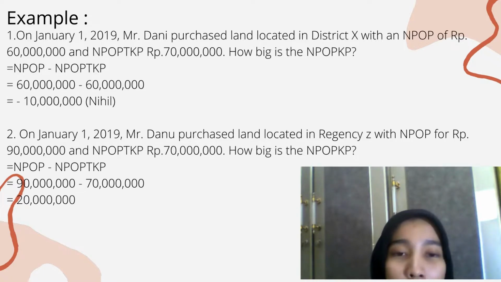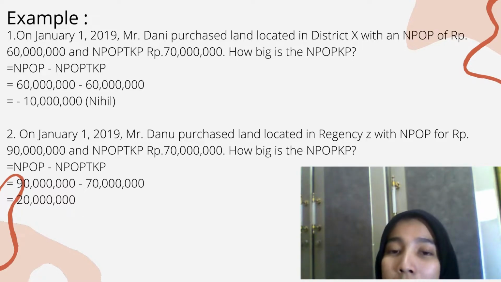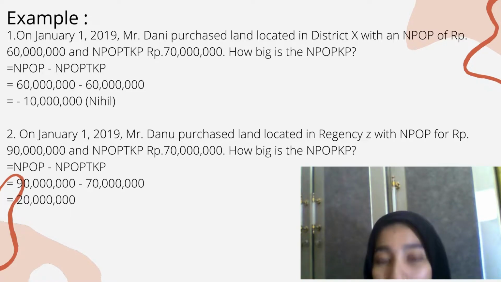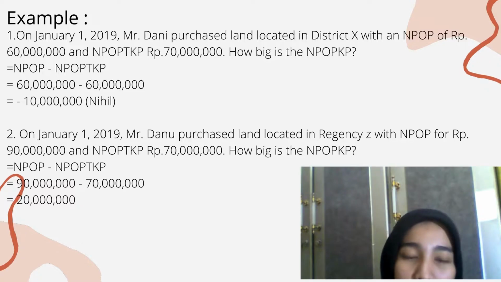And if the NPOP value is higher than the NPOPTKP, we can determine the duty payable. For example number one, the NPOP value is lower than the NPOPTKP, so we cannot determine the land and building title transfer duty.